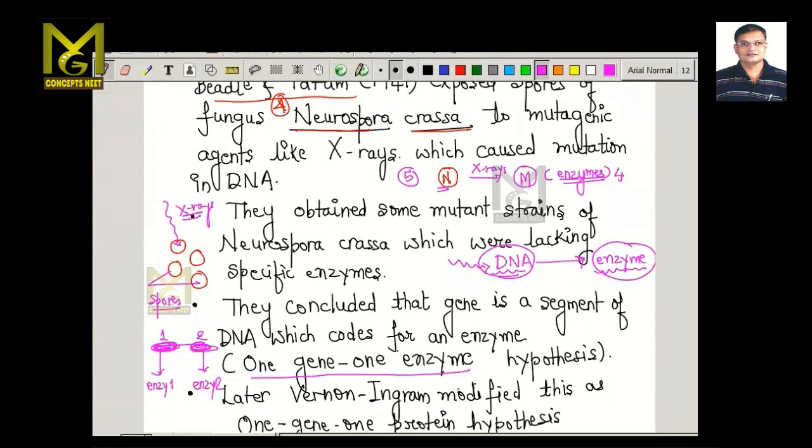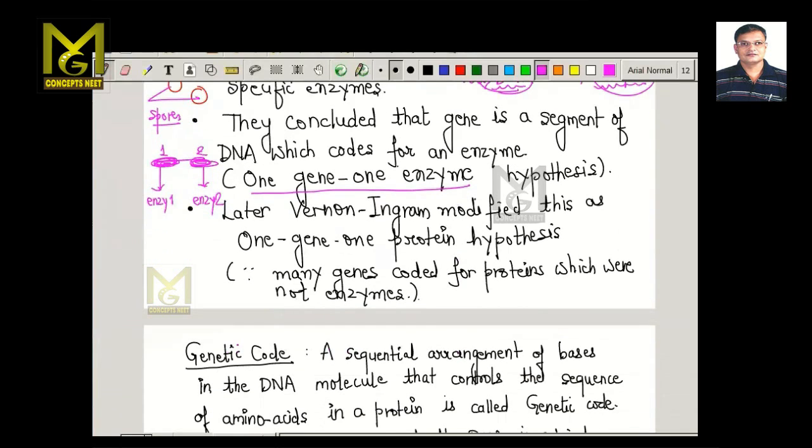Now later it was Ingram who modified this as one gene, one protein or one polypeptide hypothesis. The meaning of this is that a gene will not always give rise to an enzyme; it will give rise to a protein or a polypeptide. All the polypeptides may not necessarily be enzymes. Few or very less number of polypeptides may be enzymes.